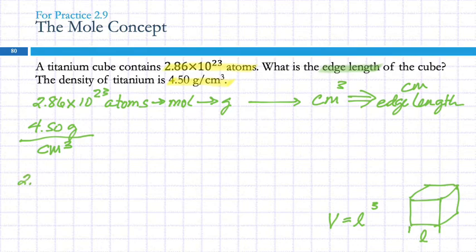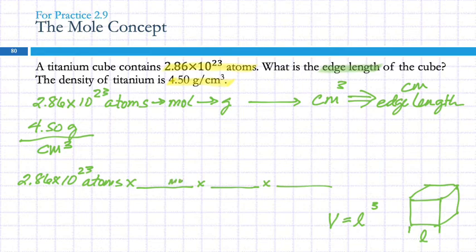So 2.86 times 10 to the 23rd atoms. 1, 2, 3 arrows in our dimensional analysis problem. Atoms to moles to grams to cubic centimeters. Atoms down here. Moles down there.